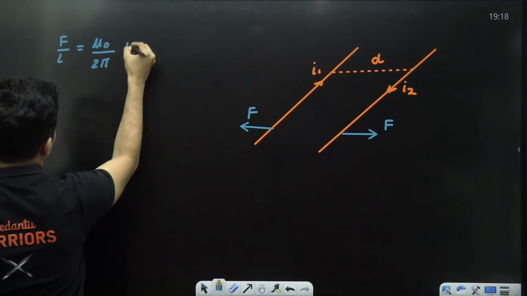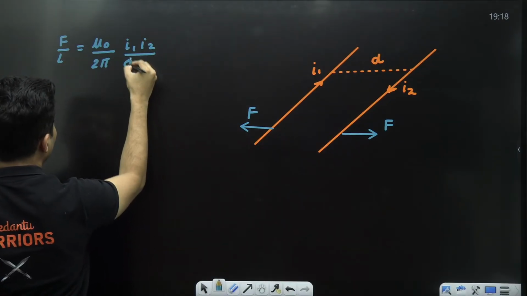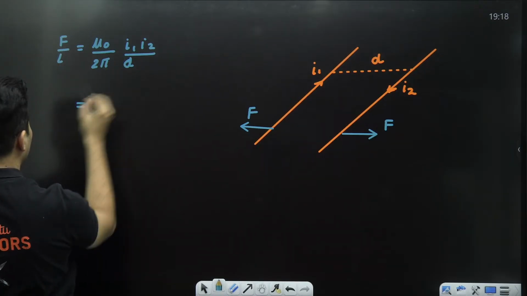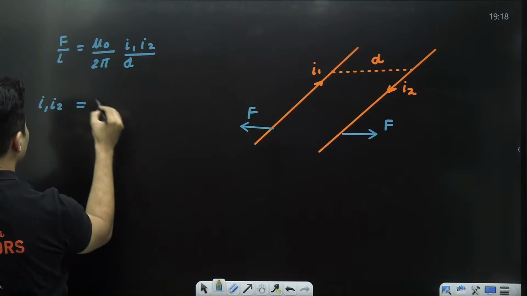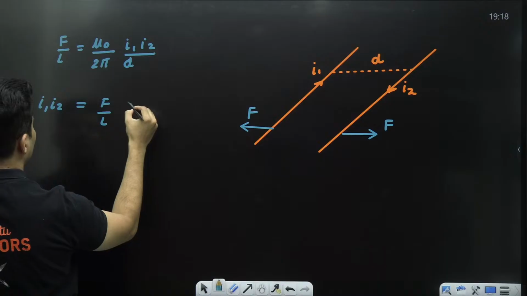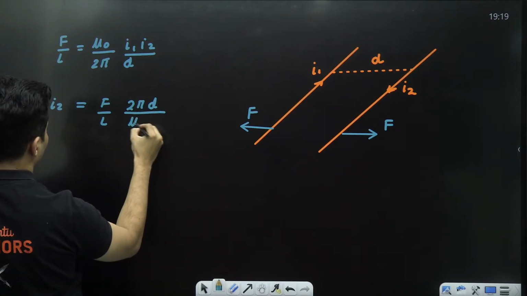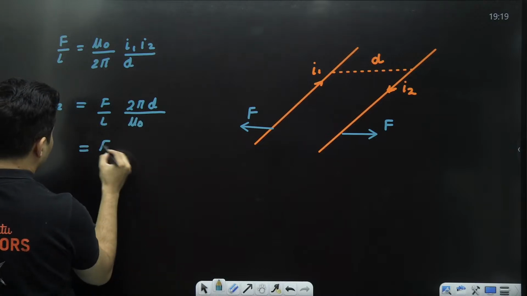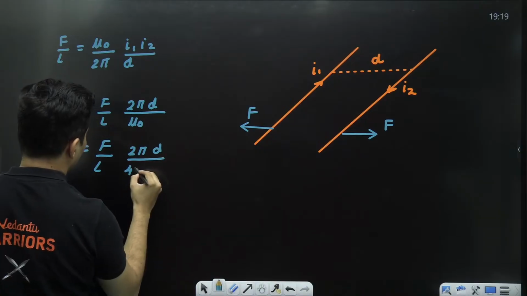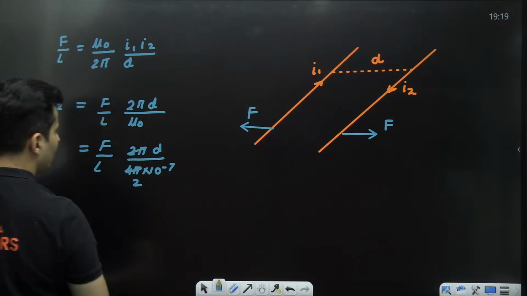Not just that, if I play around with this, F by L is mu naught by 2 pi, I1 I2 divided by d. If I rearrange this, I1 I2 is F by L, and then I write 2 pi d on the top divided by mu naught. Mu naught is nothing but 4 pi into 10 to the power minus 7. This will cancel, this will become 2.